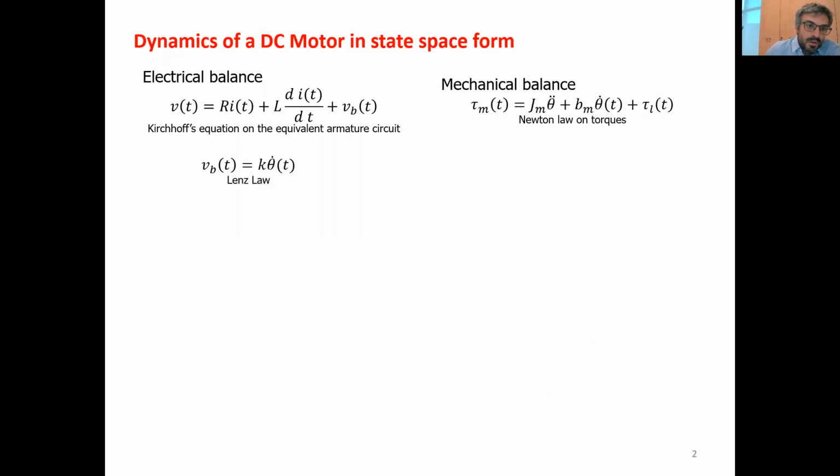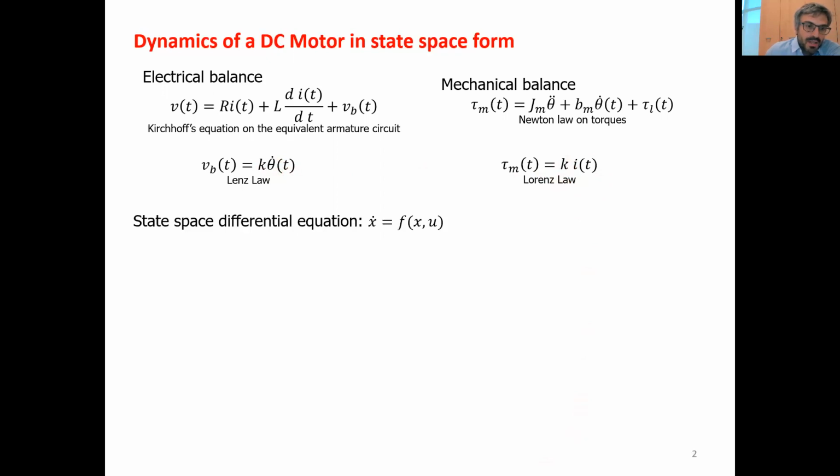And to connect these two equations, we have the Lenz law that connects the back EMF to the velocity of the shaft times the back EMF constant K, and the Lorentz law that connects the current to the motor torque via the torque constant. That happens to be the same as the back EMF constant.